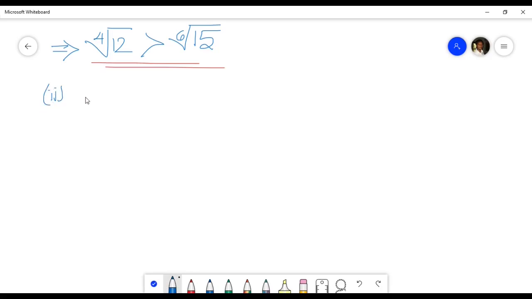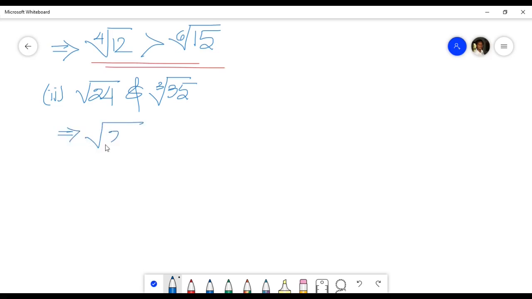The first term is root 24. Now if you remember, previously I told you when there is no index mentioned, that means it is square root. So the first term here is square root 24 and the second term is third root 35.